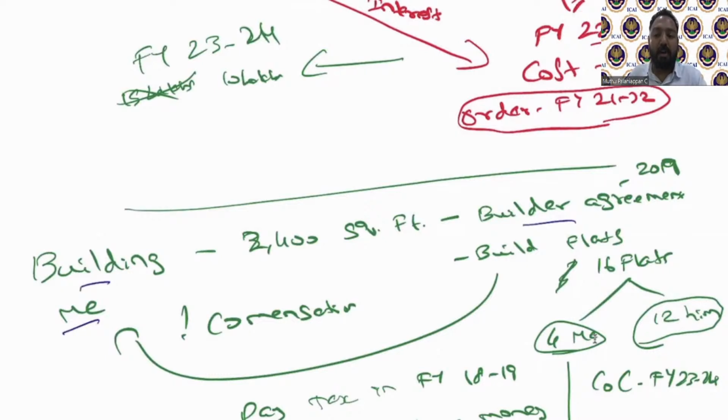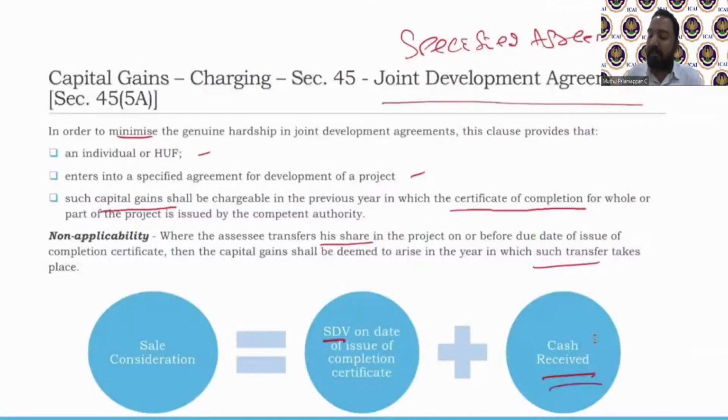What does that agreement talk about? That you need to build flats, how much you need to give me, when you will give me, all the timelines, everything is called a specified agreement. So I have not left it. I have explained it as part of this drawing. That's where you have to correlate. This study material defines specified agreement as nothing but an agreement entered between me and the builder for this purpose. That is basically called joint development.